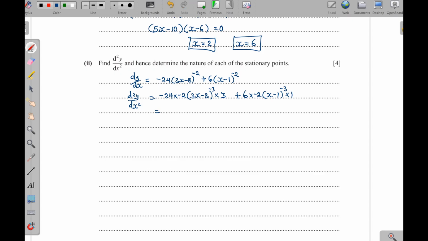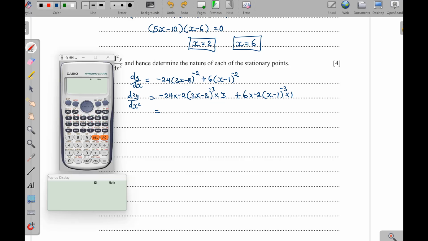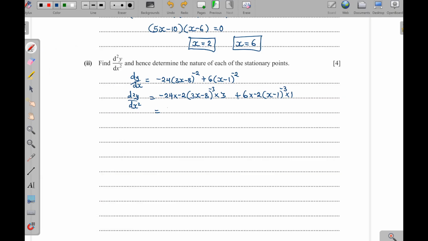So what is 24 times 2 times 3? That is 144. Then we take this one down because the power is a negative, using rules of indices. That is 3x minus 8 to the power of 3. And then this one is going to be a minus. So we shall have negative 12, and then x minus 1 cubed.